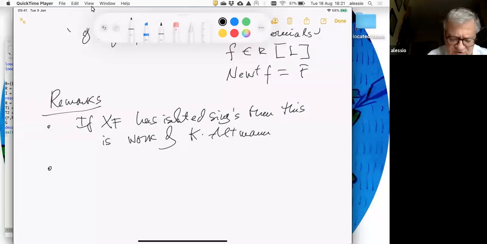In general, when X_F does not have isolated singularities, the deformation space is infinite dimensional.